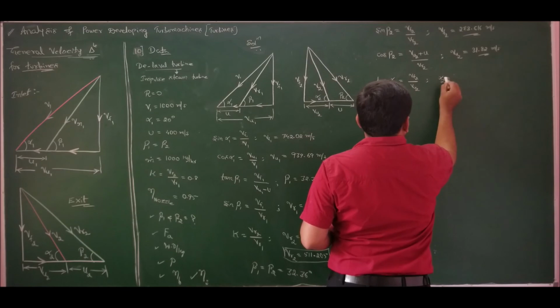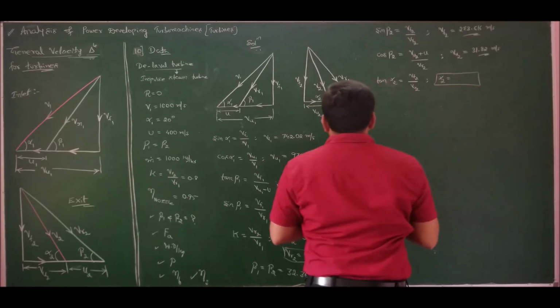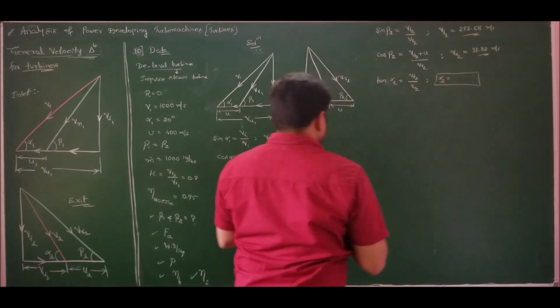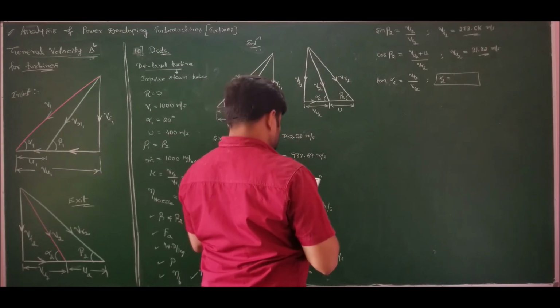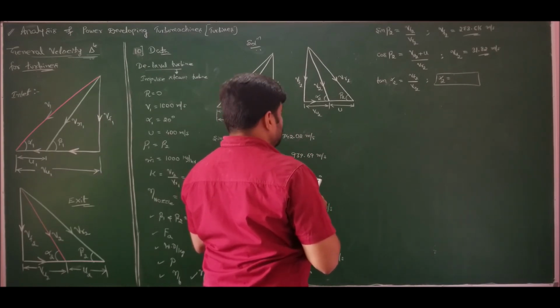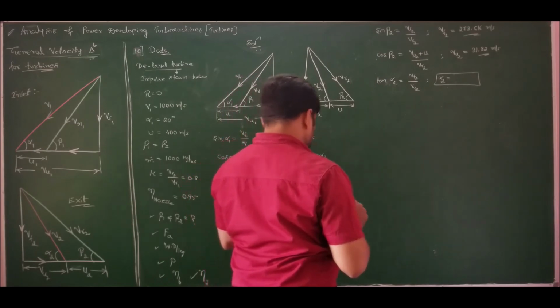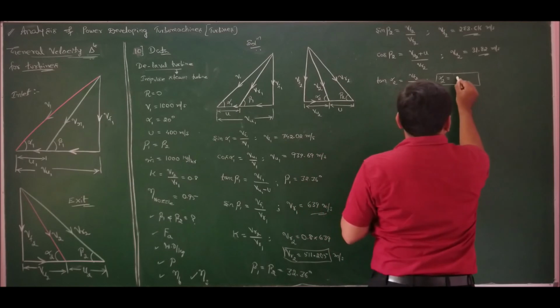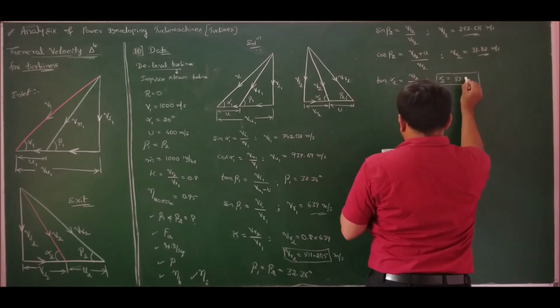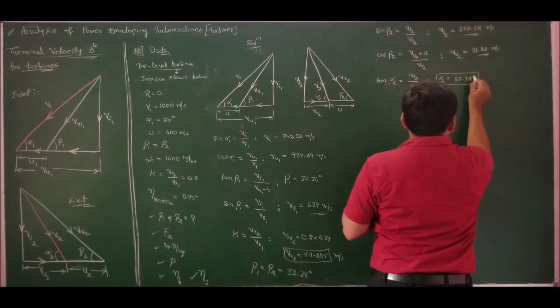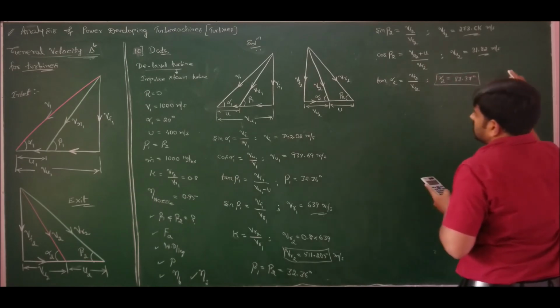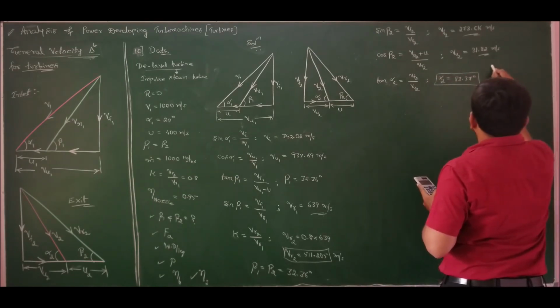So alpha 2 will be tan inverse of VF2, which is 273.616, divided by VU2, which is 31.8. Alpha 2 is 83.37 degrees.